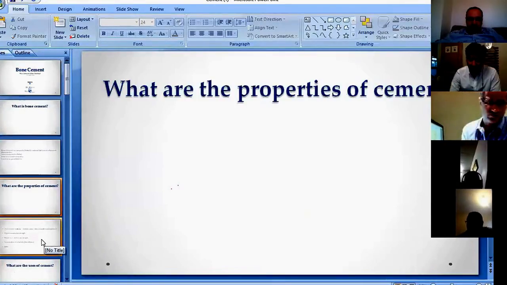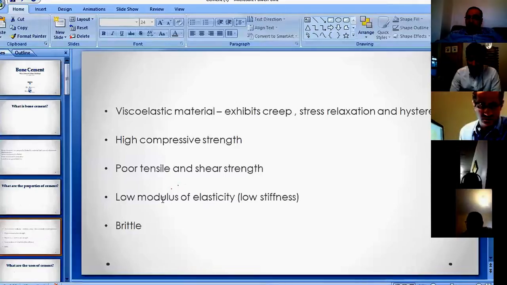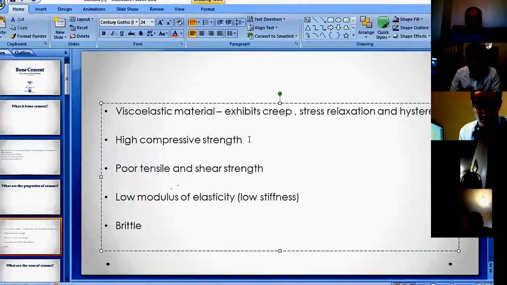Excellent answer. You told everything about the mechanics of cement. Again, the examiner can take the question in any direction, but we're trying to cover all possibilities.